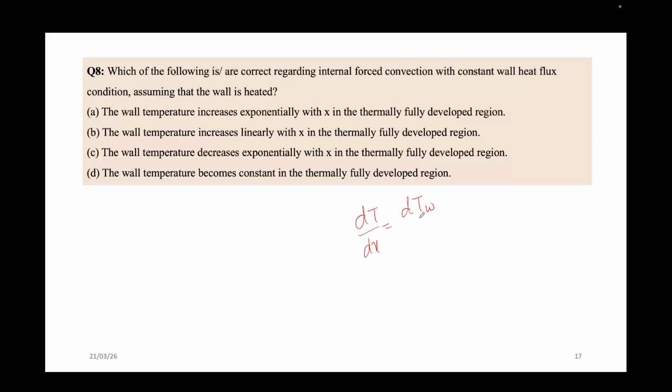In the question, this formula will not be provided, so you have to recall it.